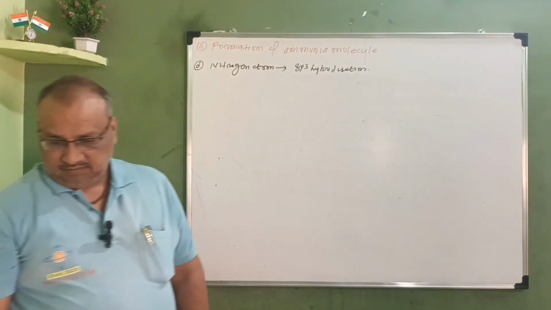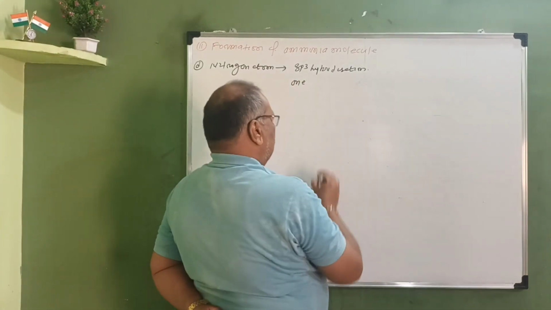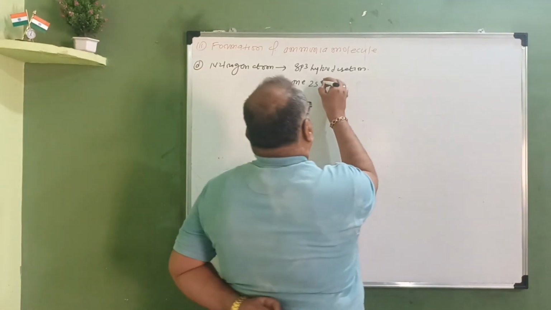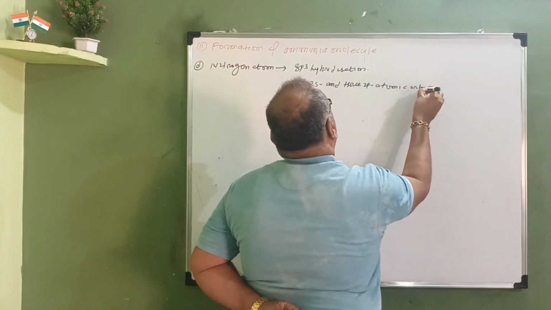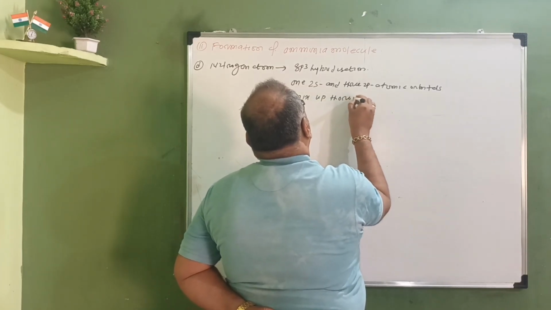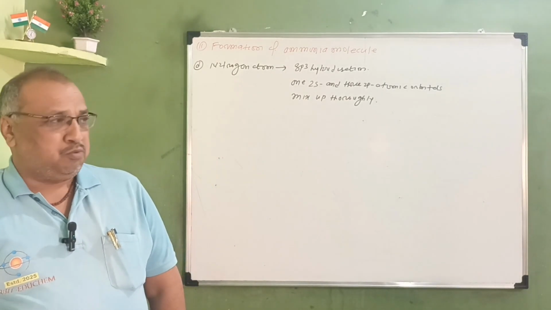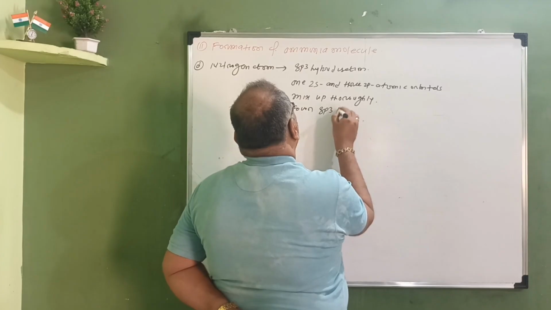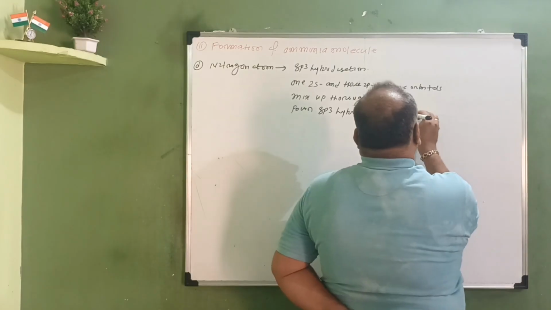That means here in which one 2s and 3 2p atomic orbitals mix up thoroughly to form here 4 sp3 hybrid orbitals with equivalent energy.